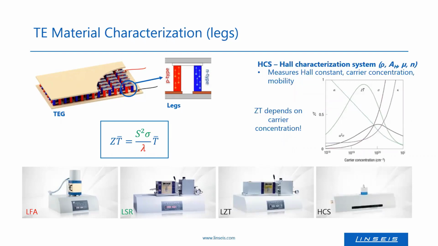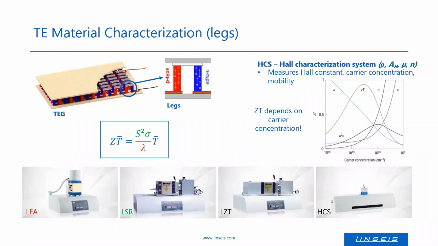And in addition to the commonly used characterization techniques, Linseis also offers another product line which perfectly matches the needs of thermoelectric material investigations. With the Hall characterization systems, shortly HCS, shown here in this image, we offer the possibility to measure the Hall constant with a high accuracy.